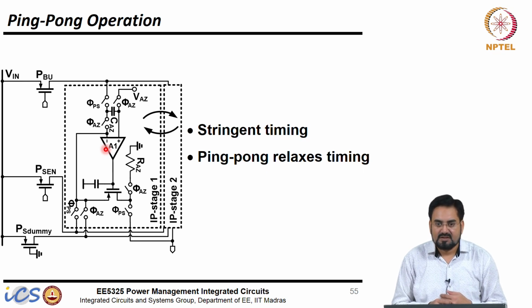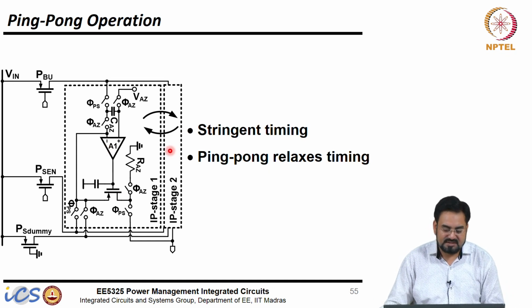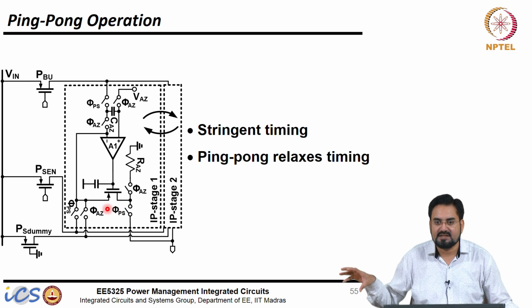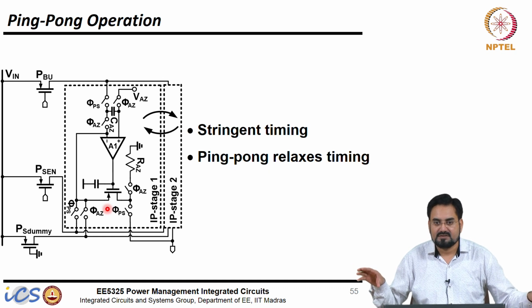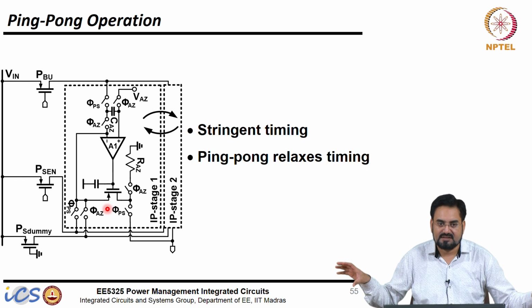So what we do, we use a ping pong scheme, let us say use 2 units of this. While one is sensing the current, the other you put in the auto zero mode, cancelling the offset.